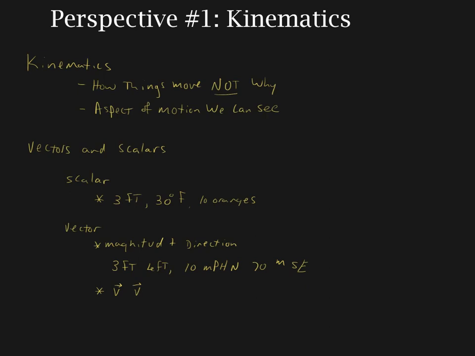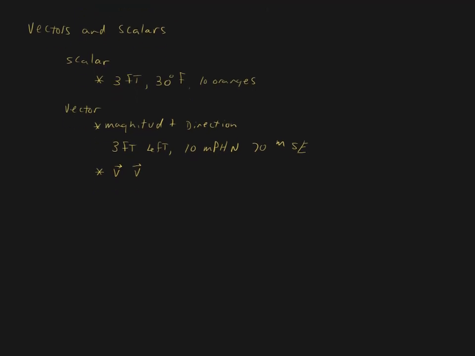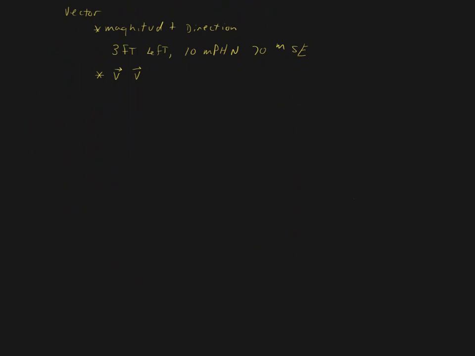Now there are a couple different ways of representing vectors. Vectors can be represented numerically, and then they can be represented graphically. We're going to take a look at the numerical representation first.